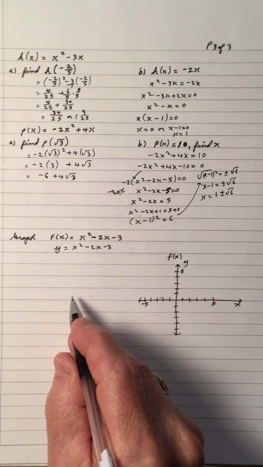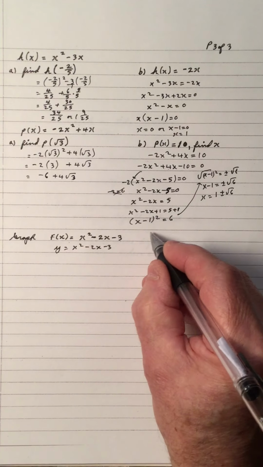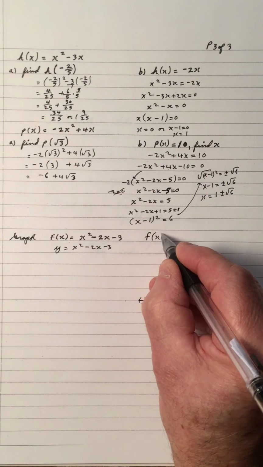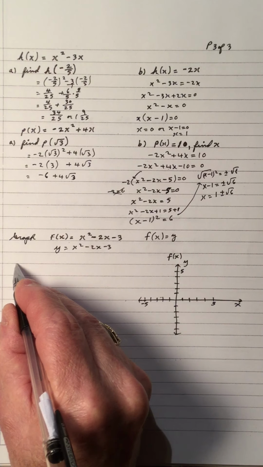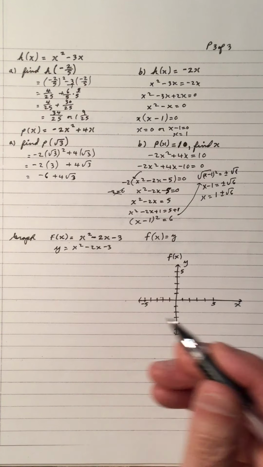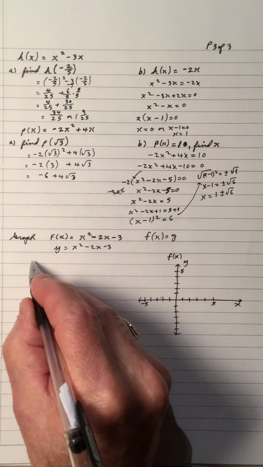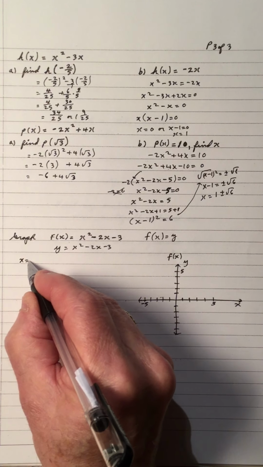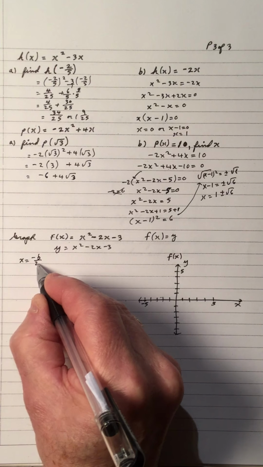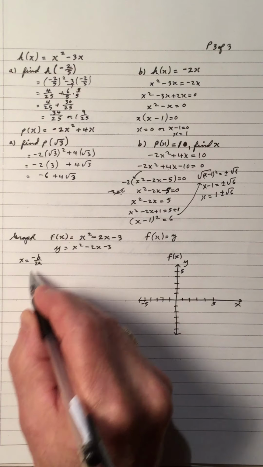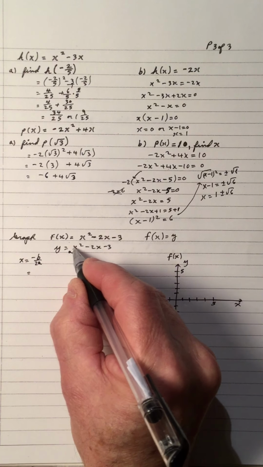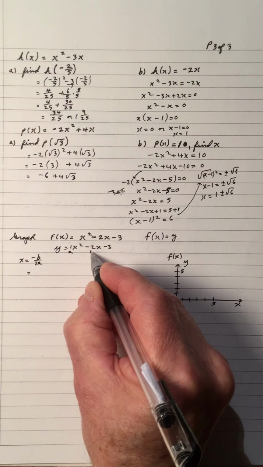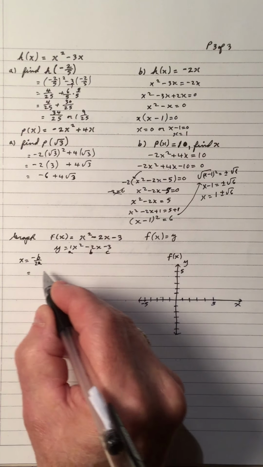Now we need to graph this. Remember, the f of x is the y. So we do a table of values, but what values are we going to put in? So we have to do x equals negative b over 2a. That's the fast way to get the vertex. So a is 1, b is negative 2, c is negative 3.